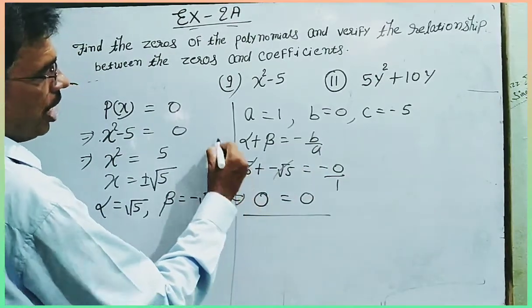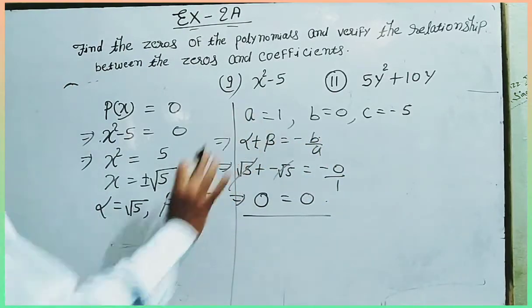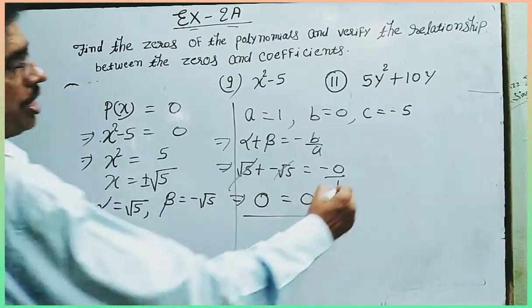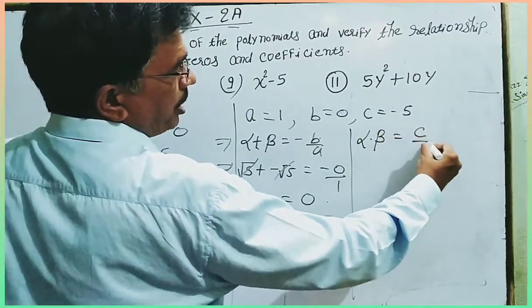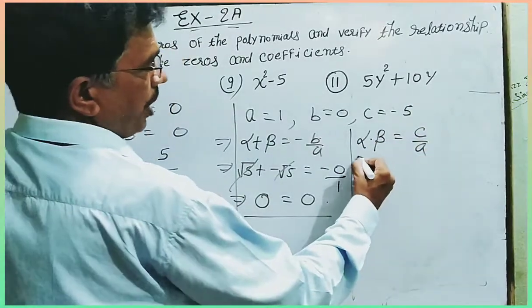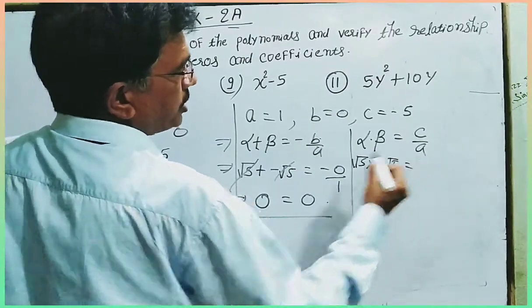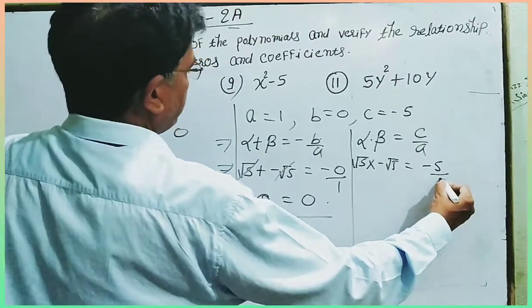That means alpha plus beta is always equal to minus b by a. So the relationship of the zeros with the coefficients holds. Next is alpha into beta. Alpha into beta is c by a. Alpha is root 5, beta is minus root 5, and this is equal to c by a. c is minus 5, a is 1.